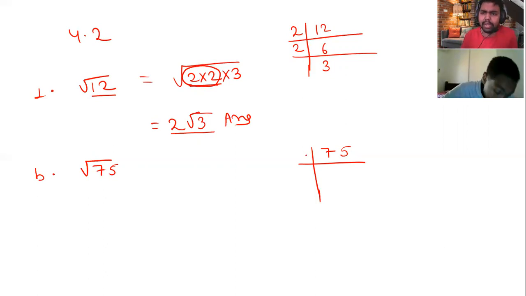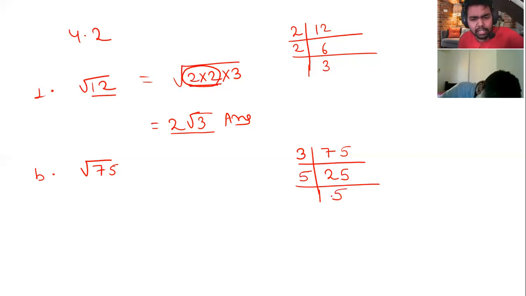I'm going by a small prime number, that is, I'm dividing it by 3. If I divide it by 3, 25 will come here. And again, 25 can be divided by 5. So there would be 5, and again another 5.